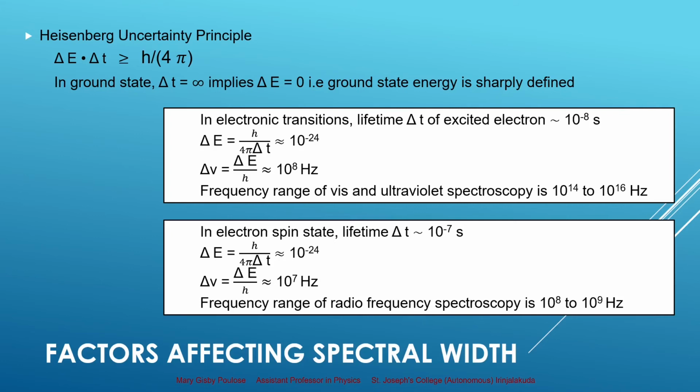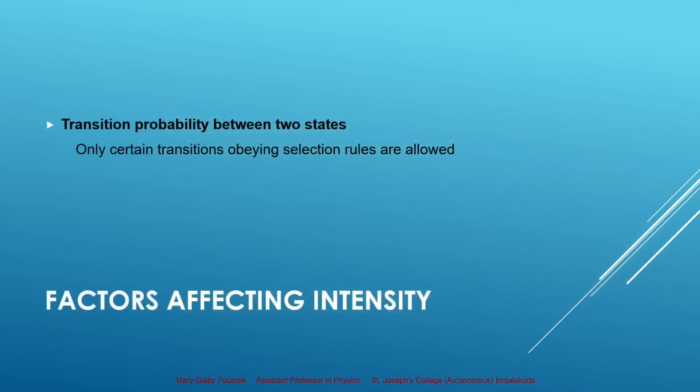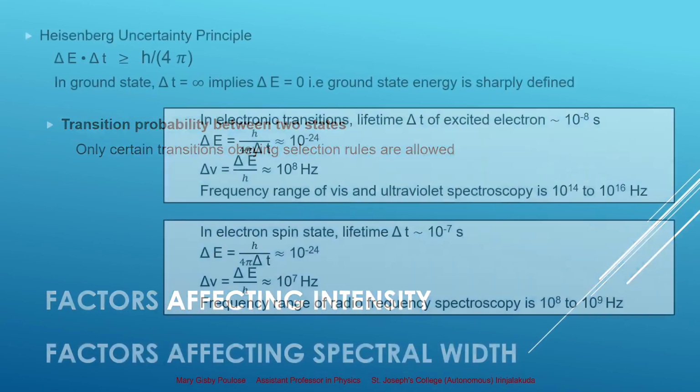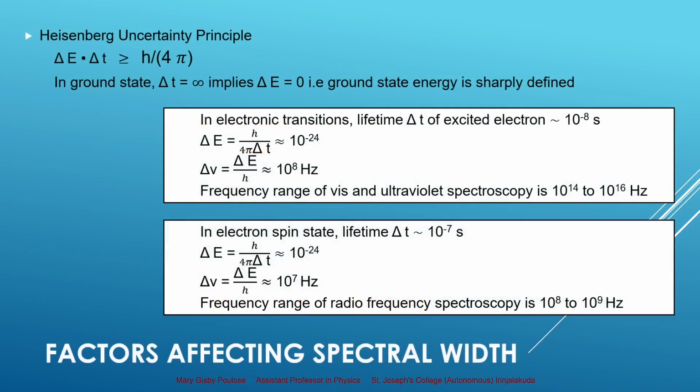Hence, this will affect the ESR spectrum, the electron spin resonance spectrum. So collision broadening, Doppler broadening, and Heisenberg's uncertainty principle are the factors that affect the spectral width of a spectral transition line.